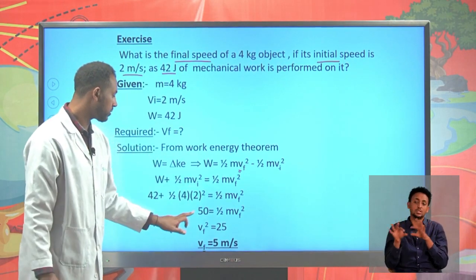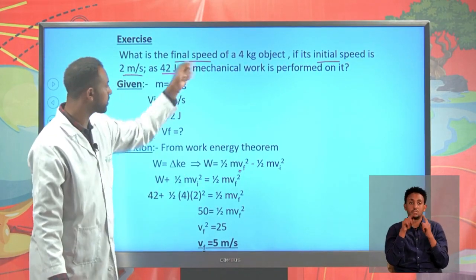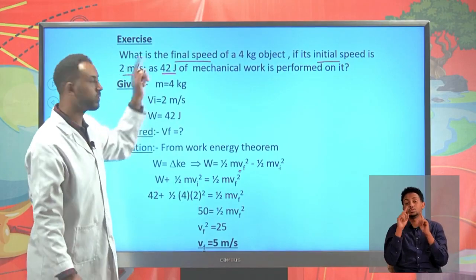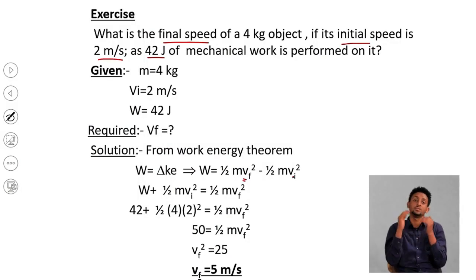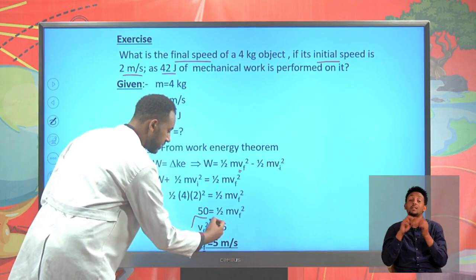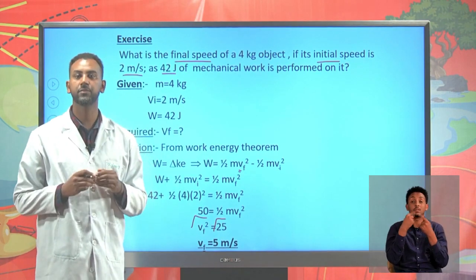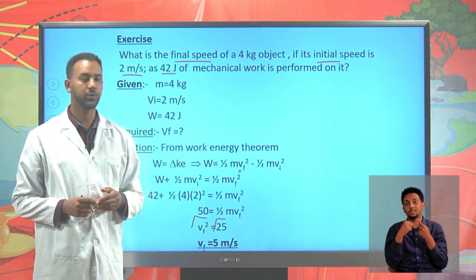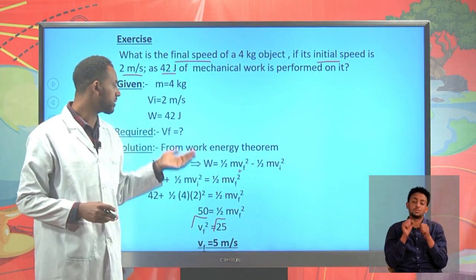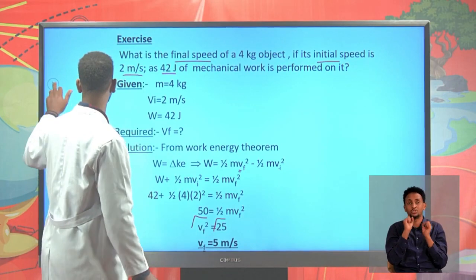Substituting all those quantities, we have 42 plus 1/2, the mass of the particle is 4, the initial velocity is 2, 2 squared, equals 1/2, again the mass is 4 kilograms, times v final squared. Rearranging, you can find v final squared is 25. Taking the square root of both sides, the final velocity of the particle becomes 5 meters per second. Therefore, you can substitute and apply the Work-Energy Theorem to solve such kinds of problems.